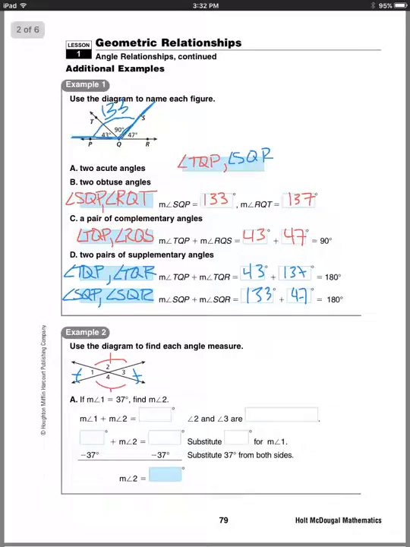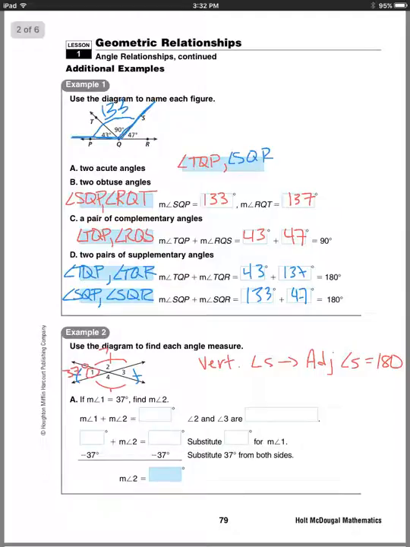Adjacent angles equal 180 because they are formed by intersecting lines. So on vertical angles, adjacent angles equal 180. All right? So if we know that the measure of angle 1, which is right here, is 37 degrees, we want to find out the measure of angle 2.